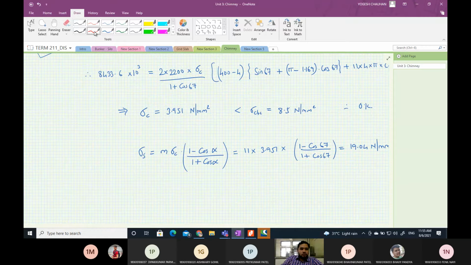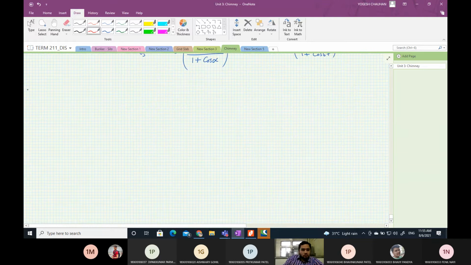So next part is check for combined stresses due to self weight, wind load, and temperature effects.